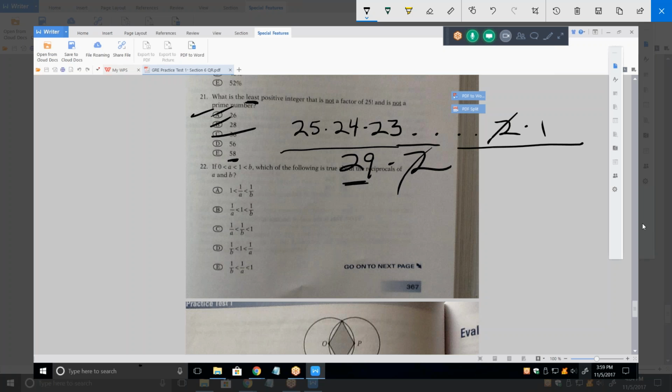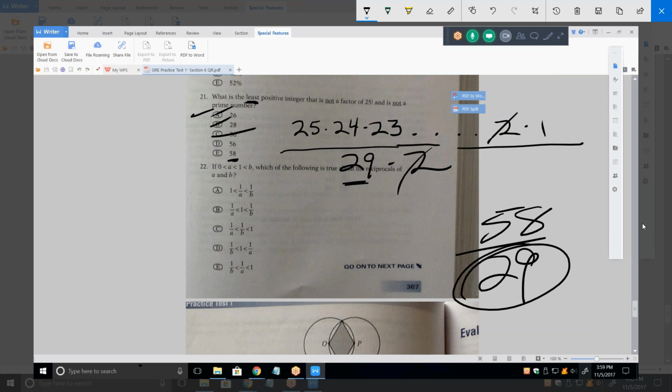Correct. It can't be, only because it's prime. If I said 58 divided by 29, that does result. 29 is a factor of 58, but we don't see any 58s up here.